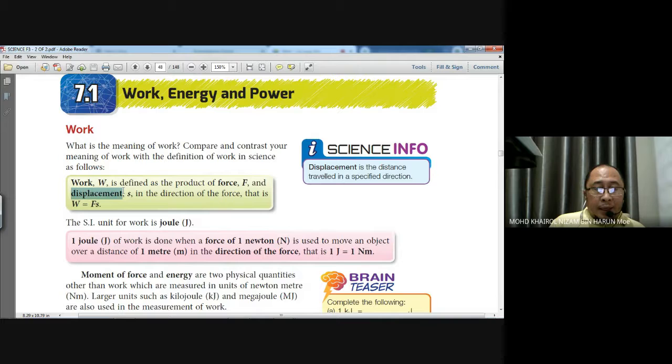And the condition is that the displacement must be in the direction of the force. If the force is in the horizontal direction, the displacement must follow the direction of that force. So when force and displacement are multiplied, we get the product that is work.